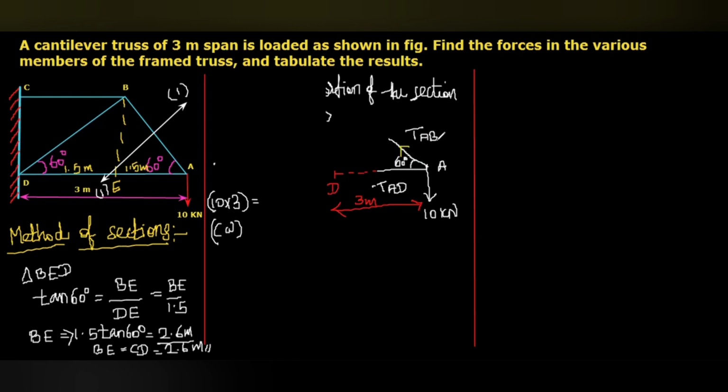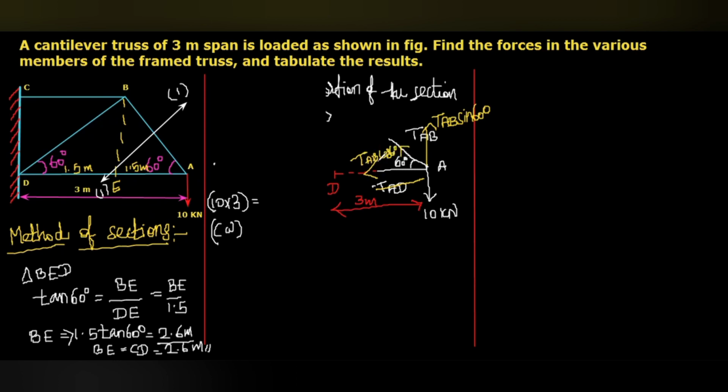If it is outwards from the point A, it is an inclined force with an angle of 60 degrees. The TAD here we already eliminated. So this one, TAB sin 60 degree in this direction, and the horizontal component, TAB cos 60 degree.